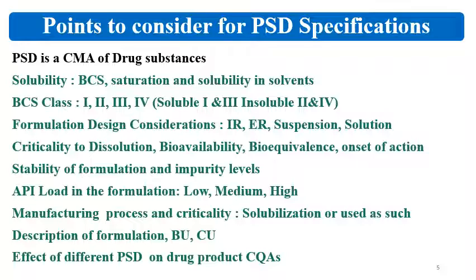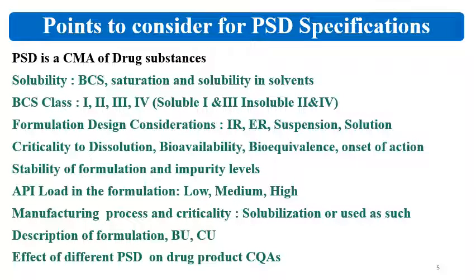If you are making a 50 mg tablet and its weight is 100 mg, so the API load is 50%. So it can be said that the formulation is having medium drug load. If you are making a tablet of 900 mg API with the tablet weight of 1000 mg like metformin, then you can say that the drug load is high.